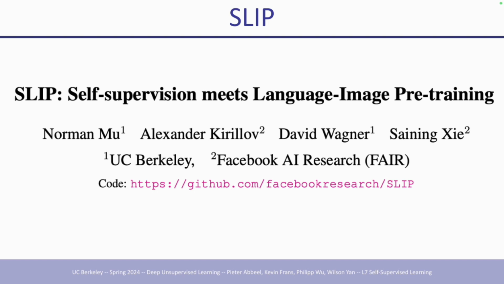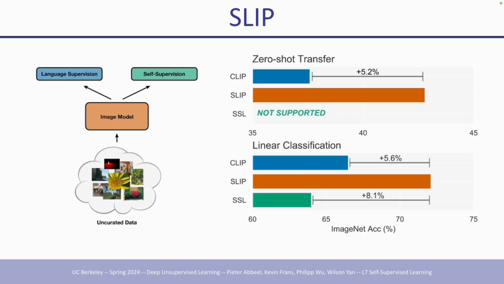We've covered a large variety of different methods, so you might ask if there are ways we can combine them. SLIP is one approach that does this, done by Norman here, also at Berkeley. The idea is quite simple: add some self-supervised learning on top of CLIP to see if the self-supervised objectives help.